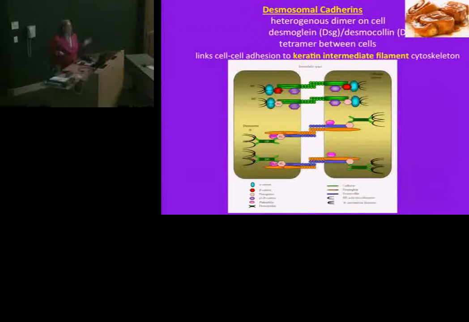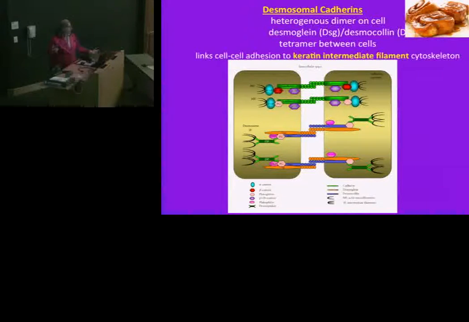There are two types of cadherins: classical cadherins, like the ones I just described, and desmosomal cadherins, like the ones shown here. They essentially serve the same function. They stick one cell to another cell, and they're linked to the cytoskeleton. A major difference is that the classical cadherins are linked to the actin-based cytoskeleton, and the desmosomal cadherins are linked to the intermediate filament cytoskeleton.